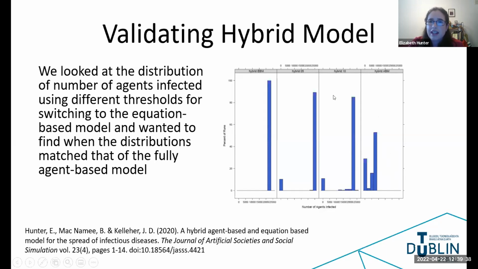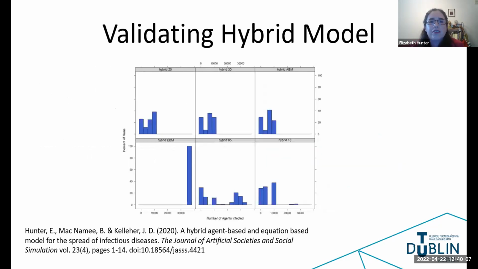The reason we stop at 10% is that we found that after 10%, when we're switching at the county level, we don't switch very often. We very rarely reach more than 10% of agents infected at a given time. And when we switch at the county level, we never quite match the distribution for the agent-based model. We are starting to move there, we think, but we don't get there, at least not at a 10% switch. And so for the county model, we don't think the hybrid is working that well.